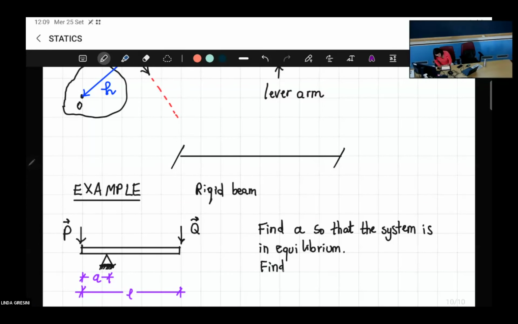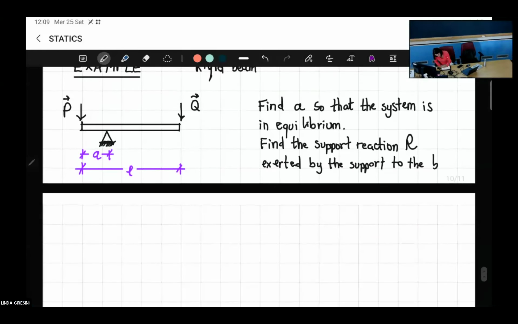Also, you're asked to find the support reaction. So we find the support reaction, we call it R, exerted by the support to the beam.